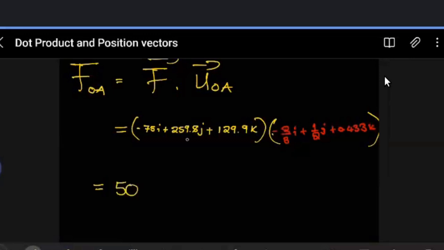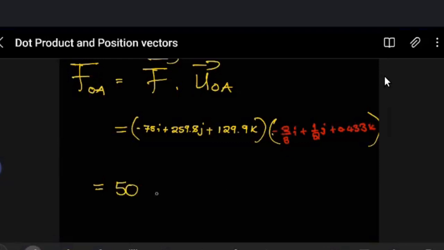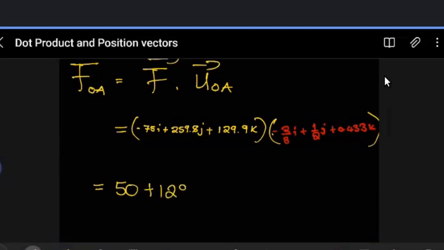Then we have 259.8 multiplying half, 129.9. Then lastly, 129.9 multiplying 0.433, 56.25.